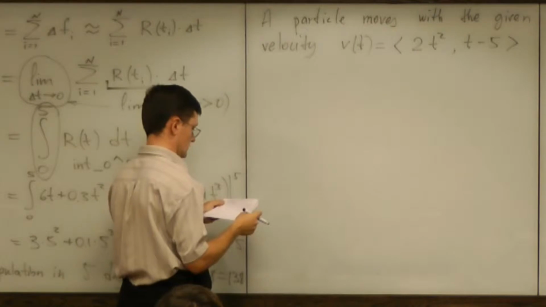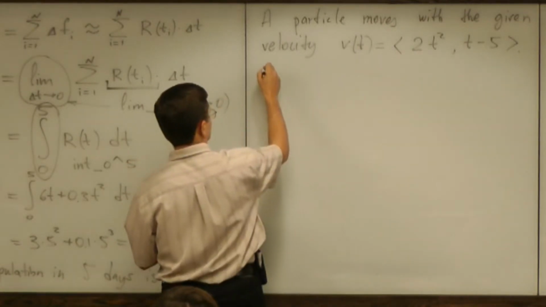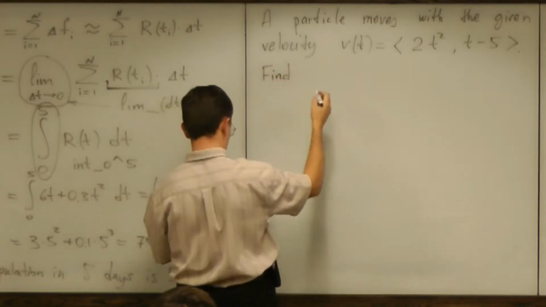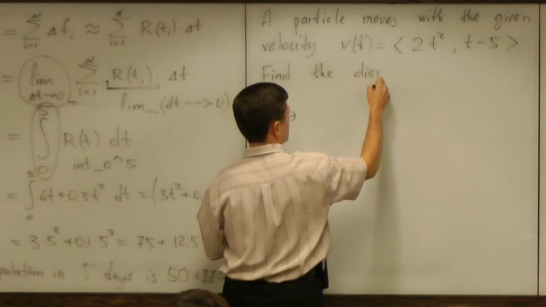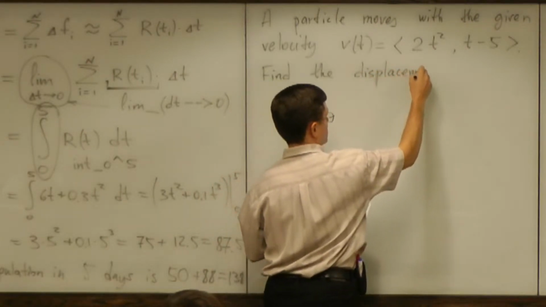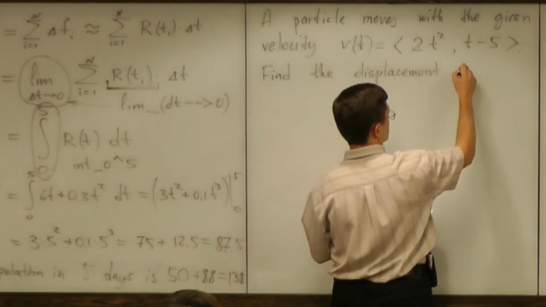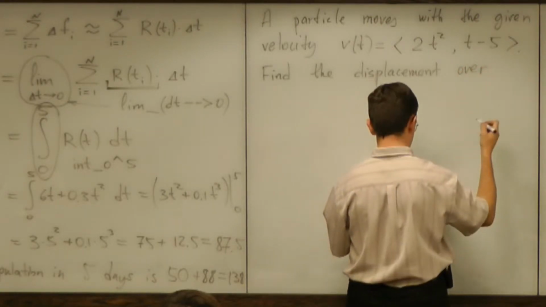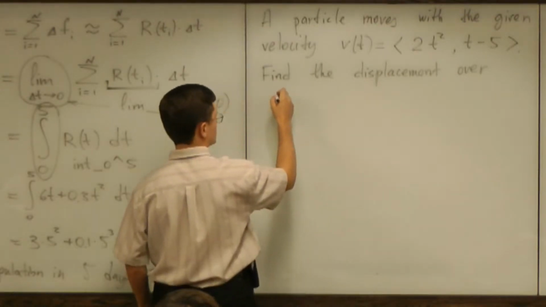So velocity is given as a vector, and now we have to find the displacement over the time interval from 0 to 10.